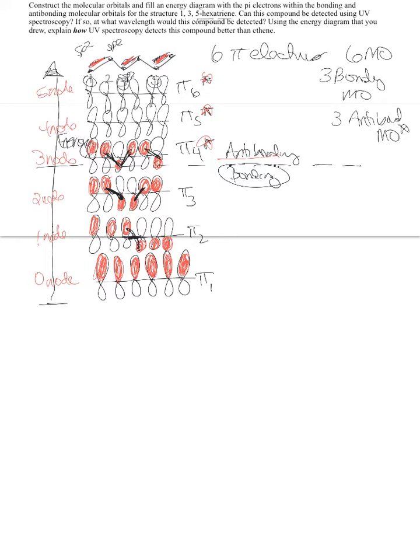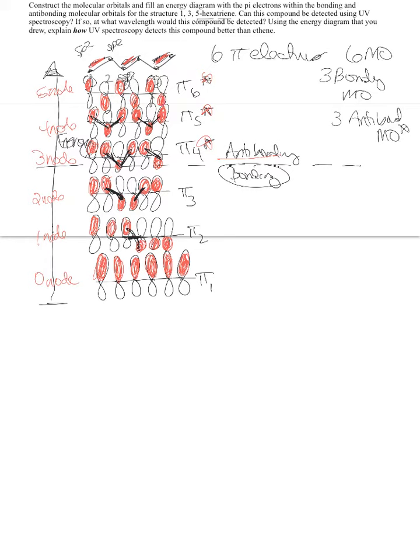And this one we have 4 nodes. Here's 1 node, there's 2 because we crossed over, there's 3, and we cross over again, there's 4. And then the last one we have 5 nodes, so they're pretty much all destructive, right? Crossing over.